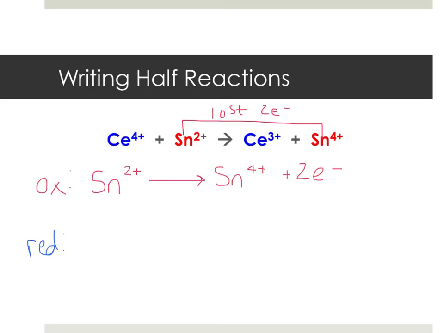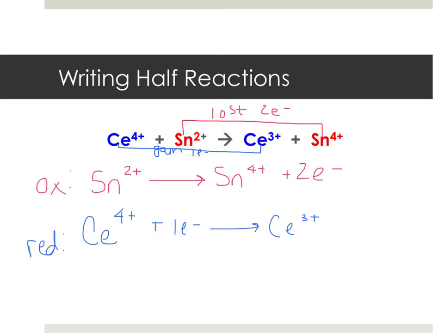The reduction half reaction, on the other hand, is going to deal with the gain of 1 electron between Ce4+ to become Ce3+. So here we have Ce4+ plus 1 electron yields Ce3+.